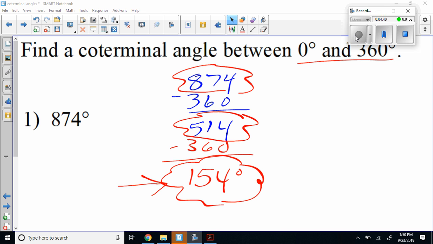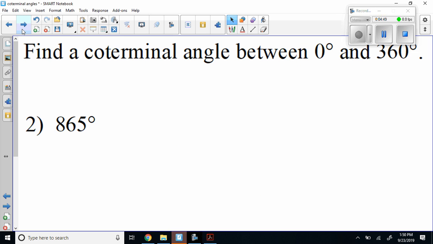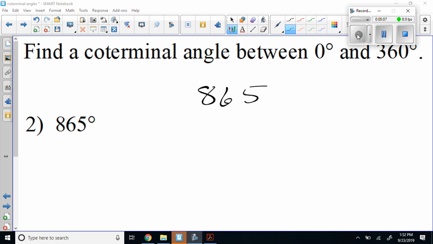All right, so what I'm going to do is this. You ready? I need you to do number 2. Go. 865 degrees. So what's the first thing that I do? Why am I subtracting 360? No, that's our stopping point, right?